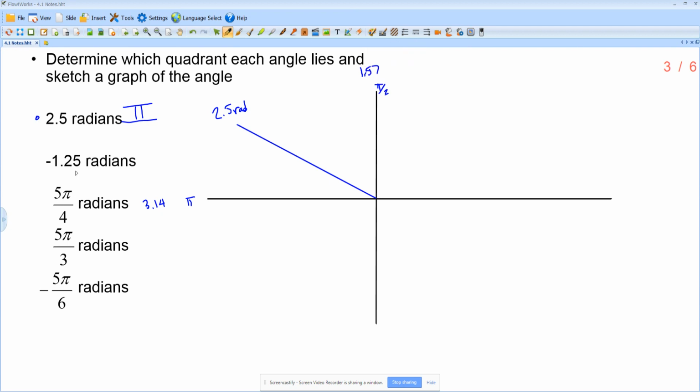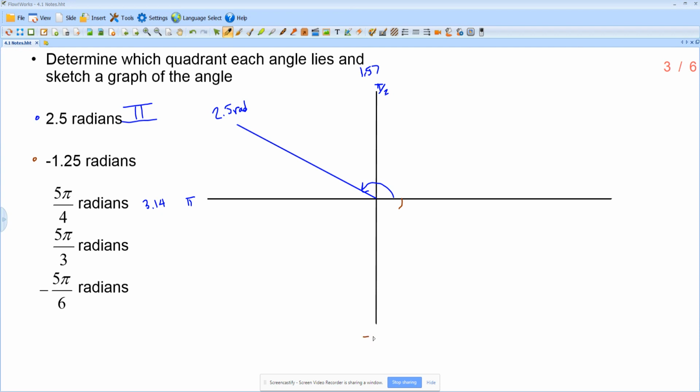Next, negative 1.25 radians. Sorry, we forgot something here. We should just say, okay, we went like that. Not a big deal, since we labeled it right here. Negative 1.25 radians. So the negative tells me I'm going to be starting here and going in this direction.